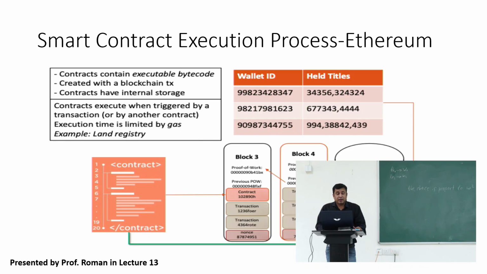And each contract is limited by, in the case of Ethereum, a gas limit. So whenever you are calling that contract or whenever that contract is calling another contract, the gas value should be mentioned. The user must spend some ether to call the contract.